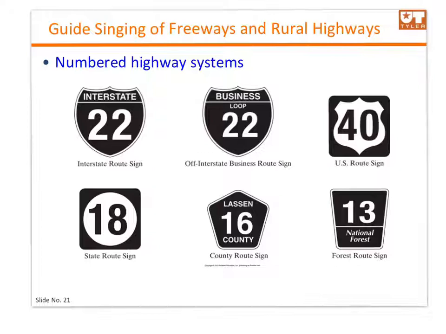For county signs, it's pretty much a pentagon-shaped sign, and for forest routes, that would be this sign. So every one, again, as we said, we talk to the drivers by shape and color. Those are the 2 important elements that can be easily identified and seen from a far distance.